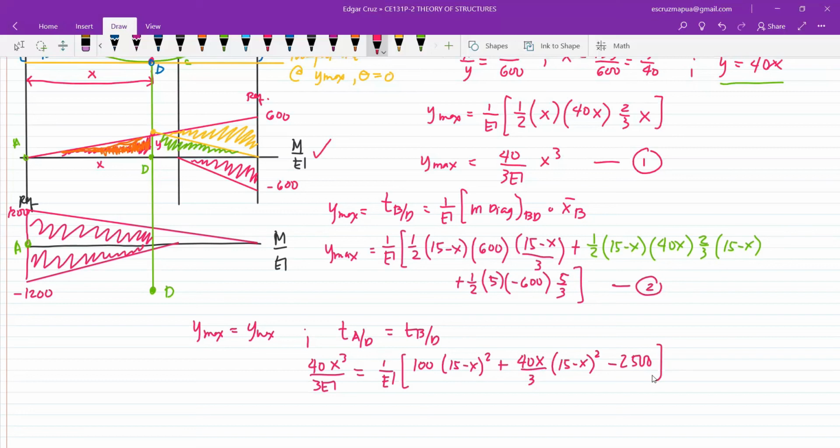From this equation, we could solve for the value of x.